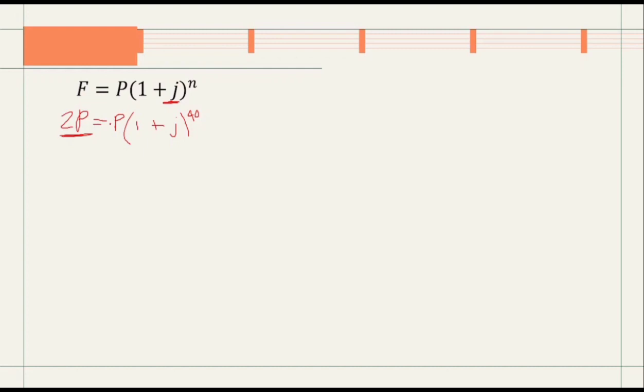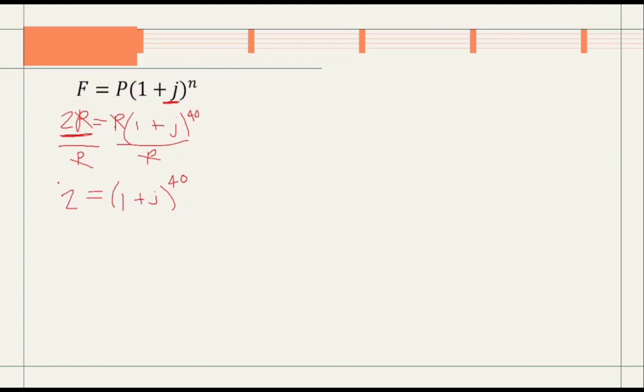And then moving on, the same process, we need to eliminate P. So we divide both sides by P. This will be cancelled, and this too. What's left is 2 equal to the quantity of 1 plus j raised to 40.